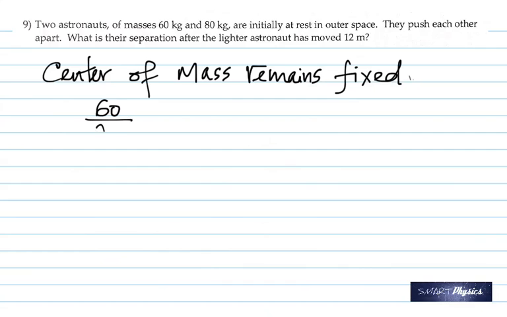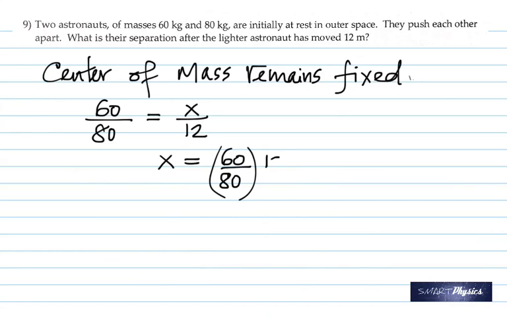So, taking the ratio of their masses to the inverse ratio of the distances they move, x by 12, you get x as... Oh no. Actually, what you get here is 9 meter.